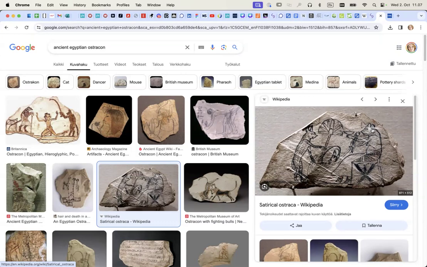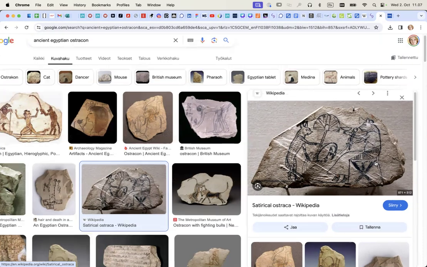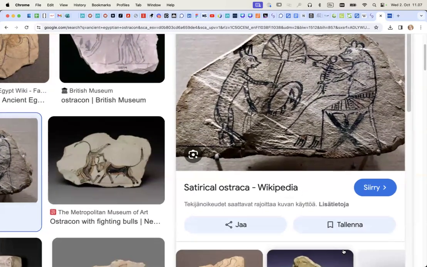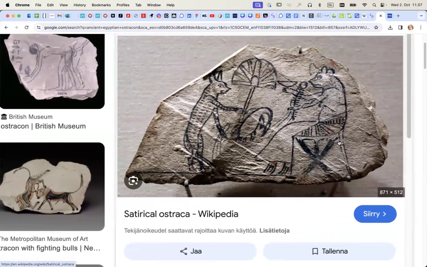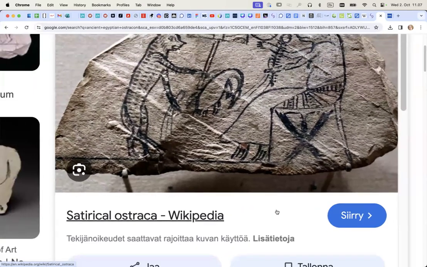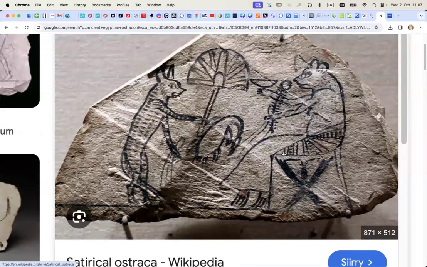This is maybe 3,000 years old, or maybe older, where we have a rich lady who's depicted as a mouse. And then we have a cat that is the servant of that rich lady.